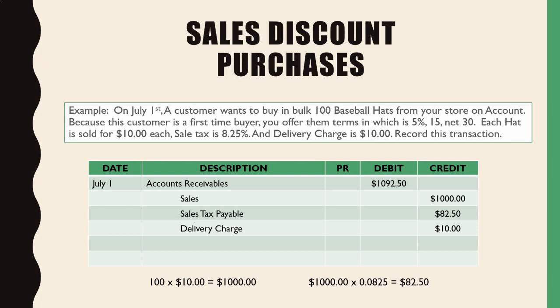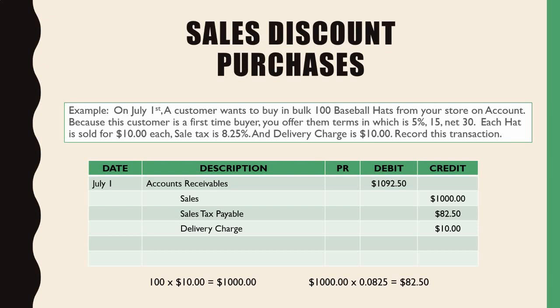Why? First off, you can never discount sales tax. That is illegal, because it's not your money, it's the government's money. So you cannot discount the money that the customer is responsible to pay for society. Second, you can never discount delivery charges, because this was a separate charge to the account.